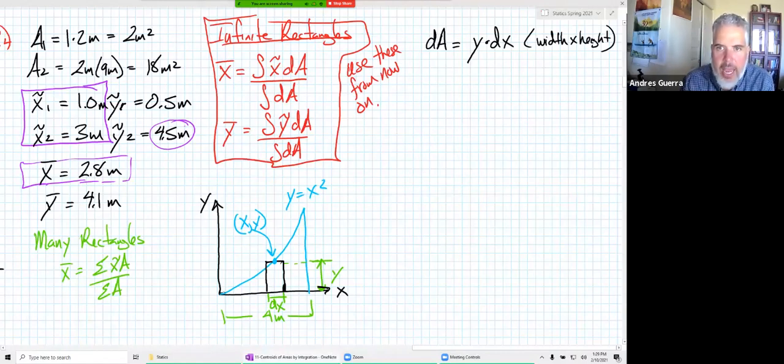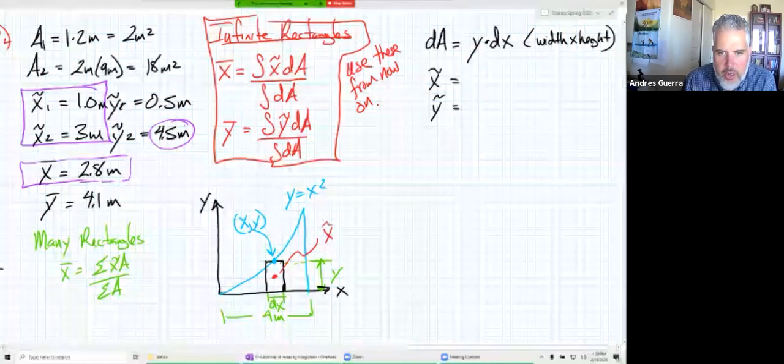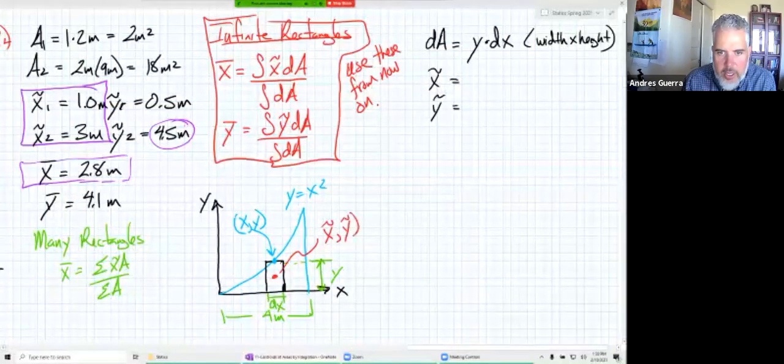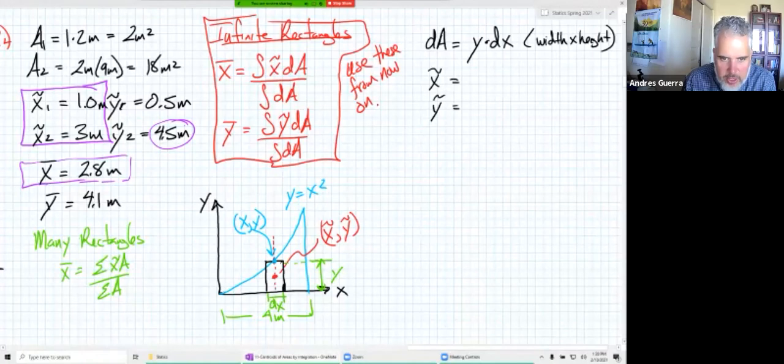Now, how about for x tilde and for y tilde? Well, we know that's going to occur at the centroid of that rectangle. So there's our x tilde, y tilde. And because we're doing a central difference, doesn't that mean that x tilde is exactly the same as x?